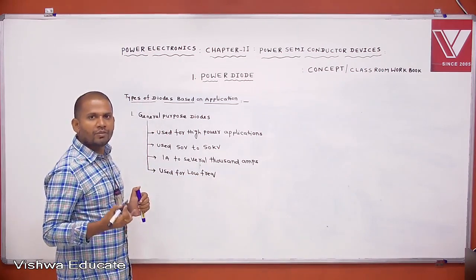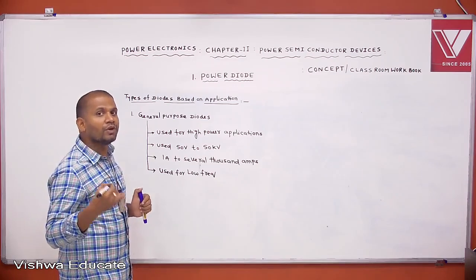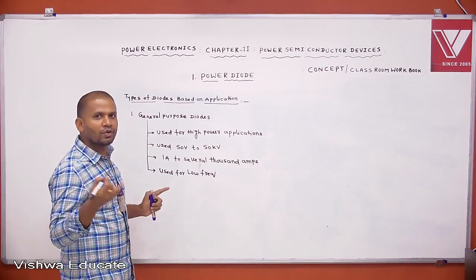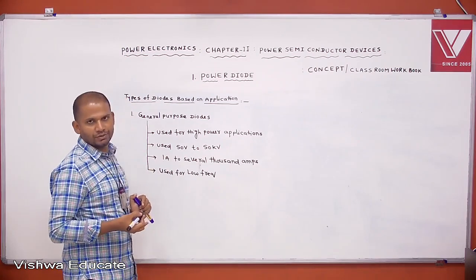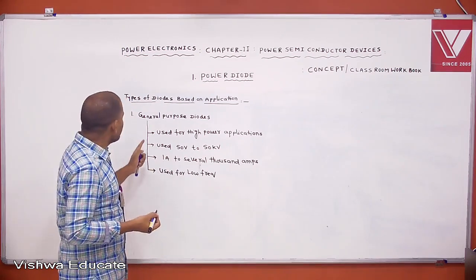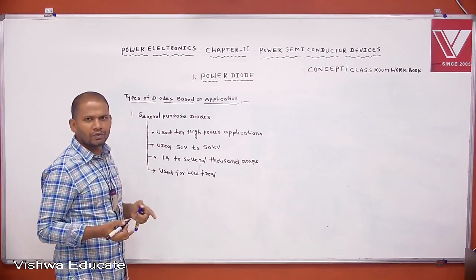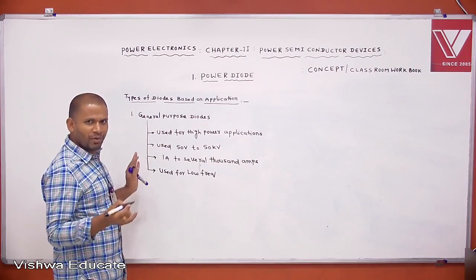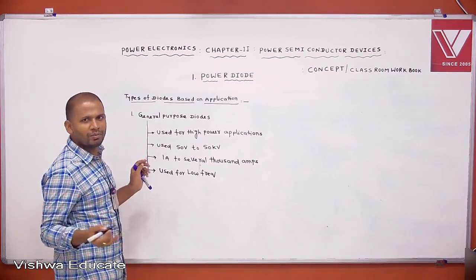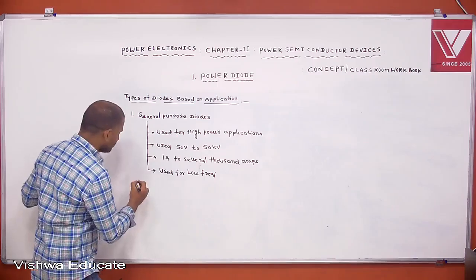The turn off time is nearly 25 microseconds and used for low frequency applications. All these are PN diodes, all are power diodes only, but based on application we are giving this classification.